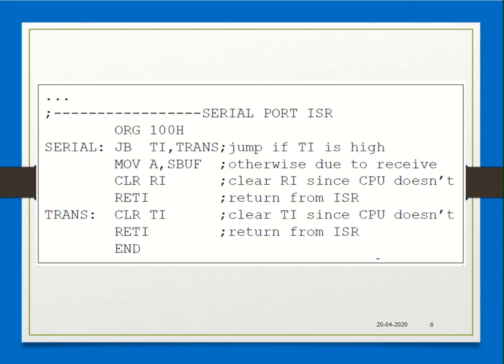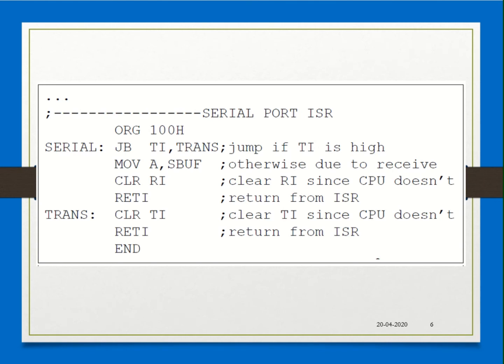If RI is set, the receive interrupt is enabled, that means the data is already there in the SBUF register. So from the SBUF register, read it to the accumulator. Got it? I had explained it earlier. The interrupt may be generated by the TI flag or the RI flag. First you check, is it by TI? If it is not, then that jump will not be executed and the next instruction will be executed.